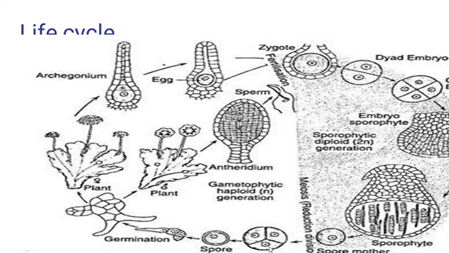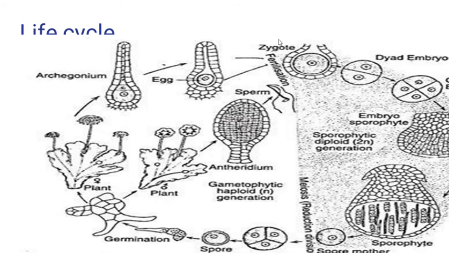These tetrad spores are very thin. They germinate and form a filament-like structure. Of the four spores, two are male and two are female, and they develop into two male plants and two female plants.